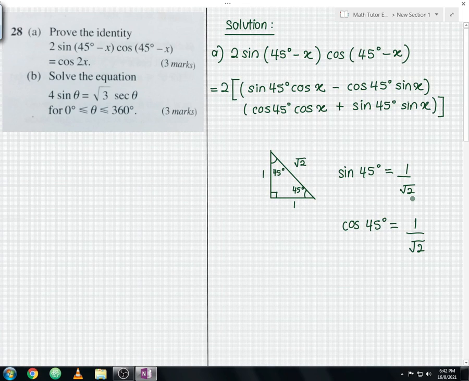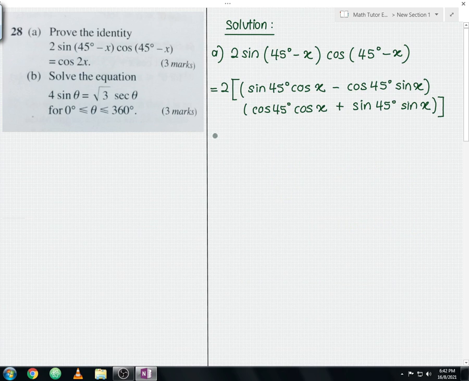So what we're going to do is include these values in our equation over here. That will be our next step. Let me erase this and continue to the next step. Let me put a big square bracket over here.